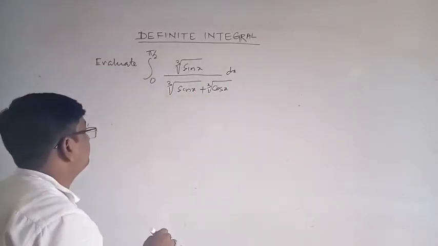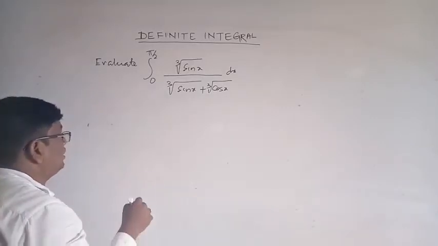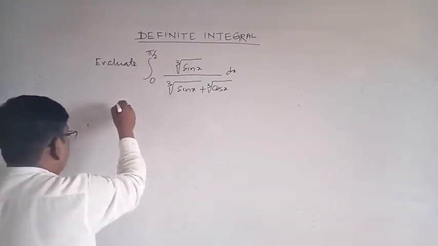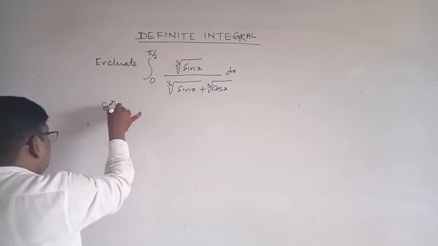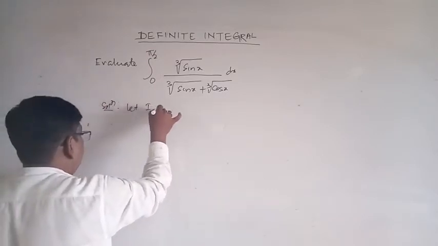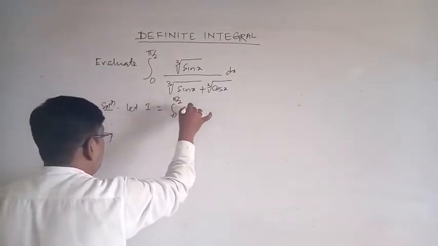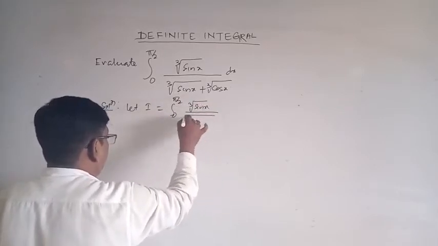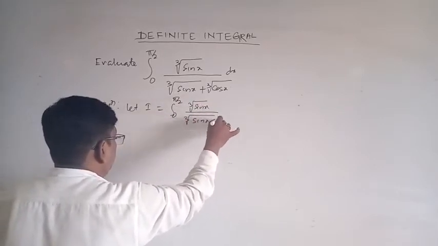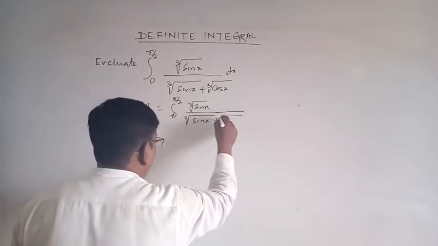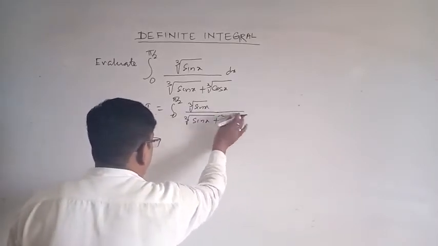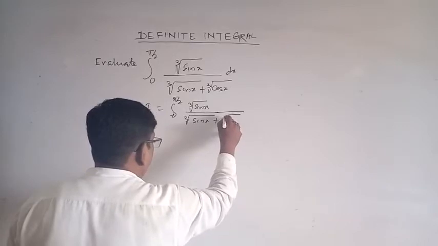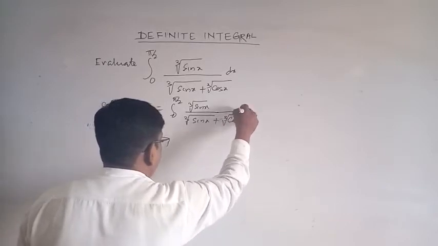First, a type of question we have seen. Let I be equal to the integral from 0 to pi by 2 of cube root of sin x divided by cube root of sin x plus cube root of cos x dx.